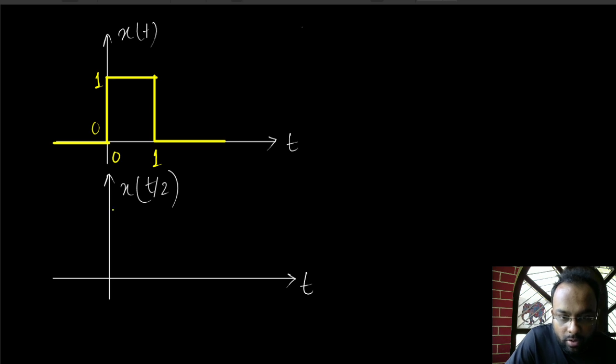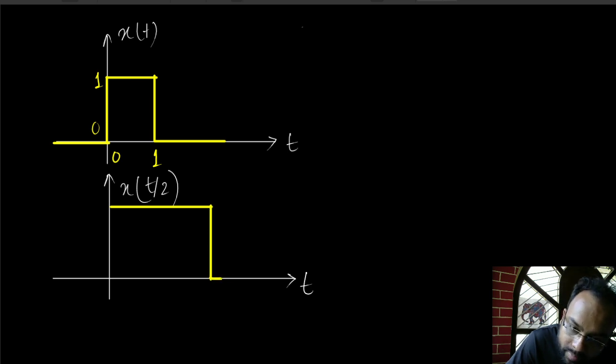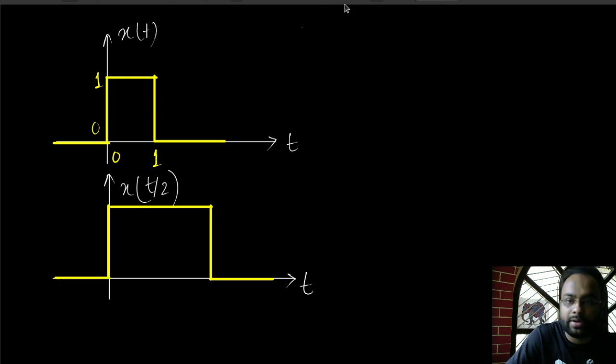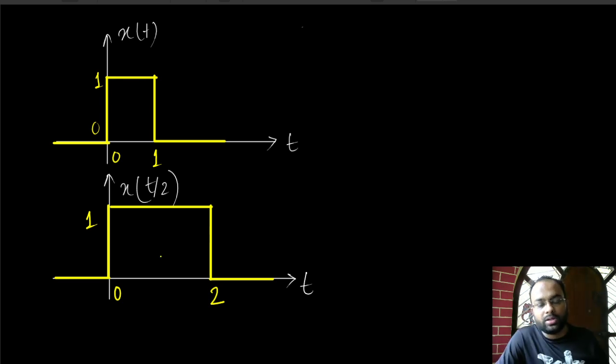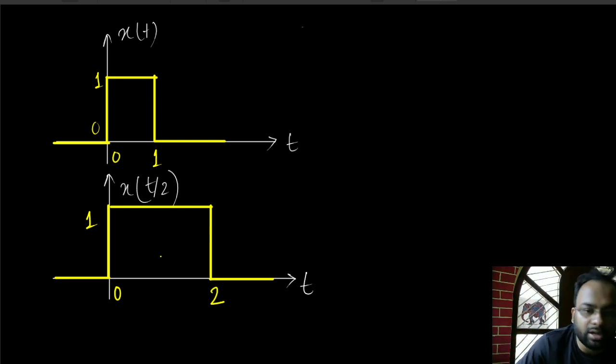The signal will now get elongated in time, right? So now this happens at t equal to 0, this happens at t equal to 2, right? So do let me know if you can actually follow this.